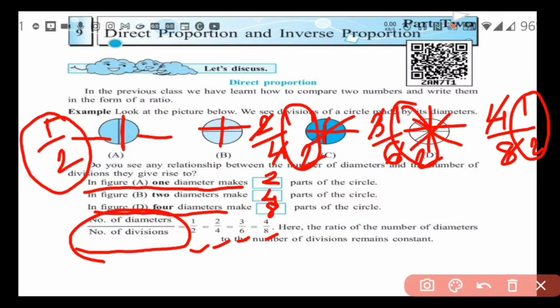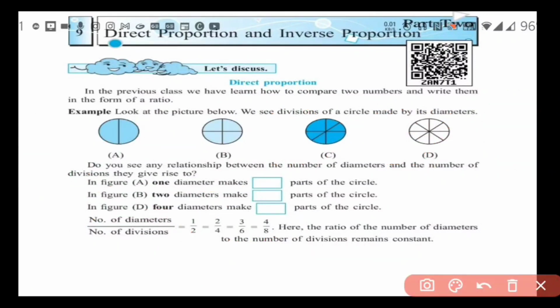One more thing we have to remember. First, the ratio of two quantities remains constant, and second, when the number of diameters is increasing, the number of parts in which the circle gets divided is also increasing. Here the diameter is 1, parts are 2.